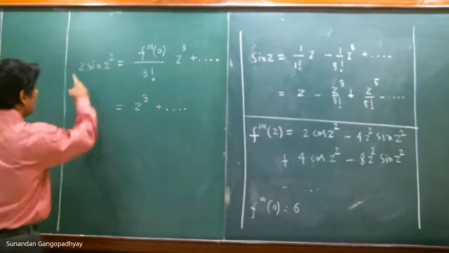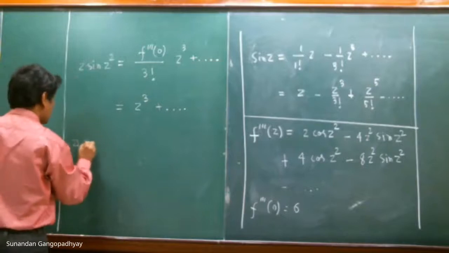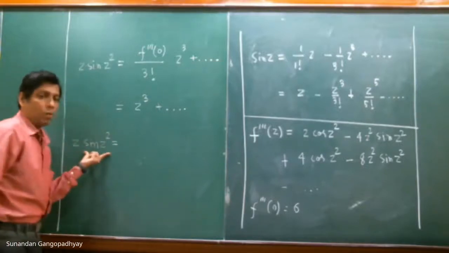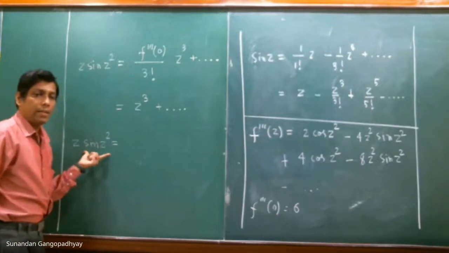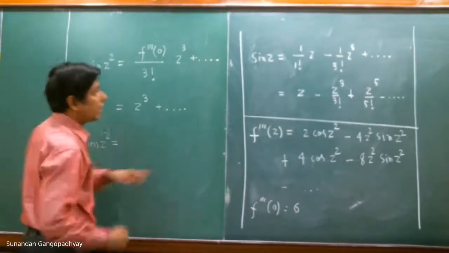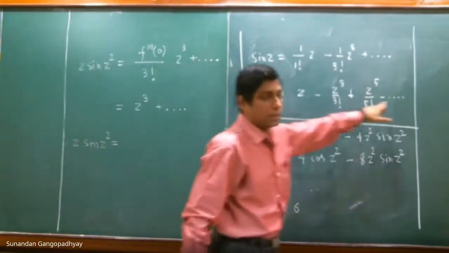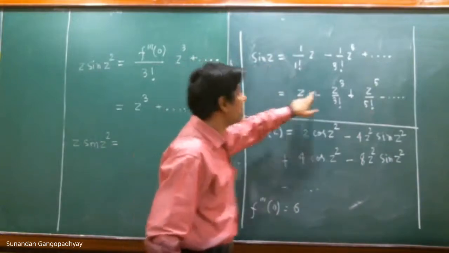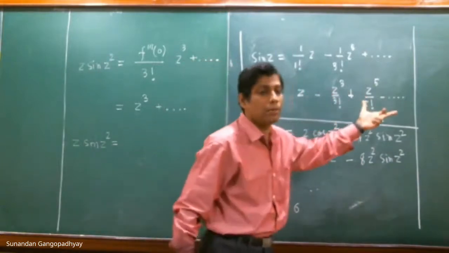Let us expand this in a different way. You know what is the expansion of sine of z, right? We have already expanded the function sine of z. So what will be the expansion of sine of z square? You just replace each of the z's by z square.